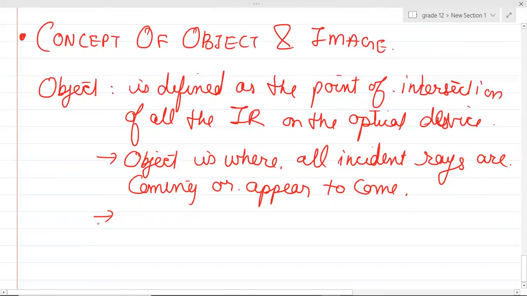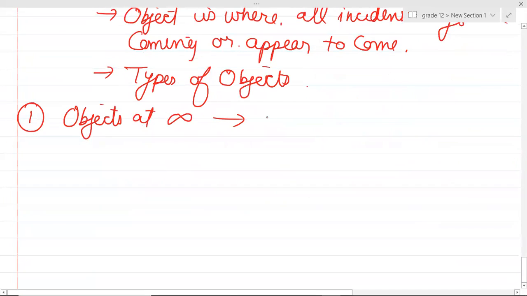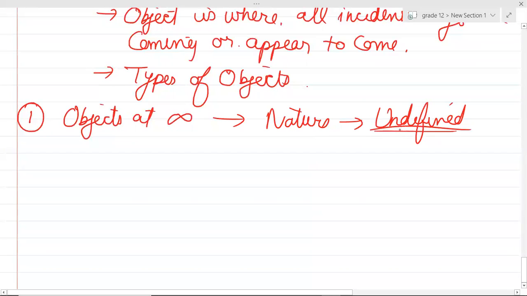They can be parallel, they can be converging, they can be diverging, right? Based on this, objects are also classified into three types. The first type of object is called the object at infinity. When the object is at infinity, you cannot say about the nature of that object, because it is so far away, how will you see it? So the nature is not defined when the object is at infinity.